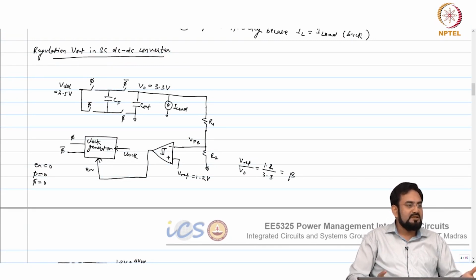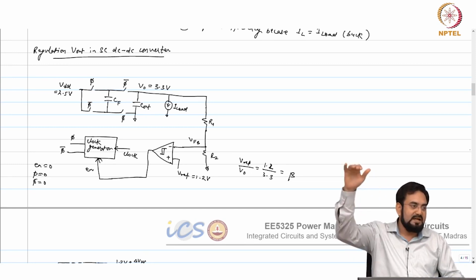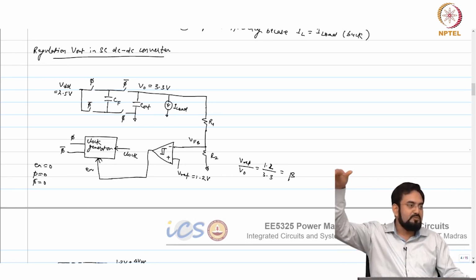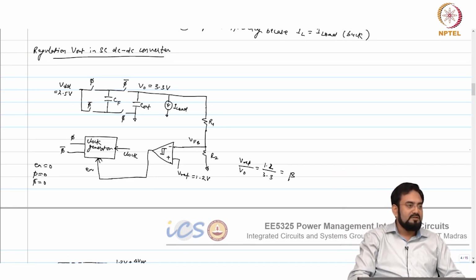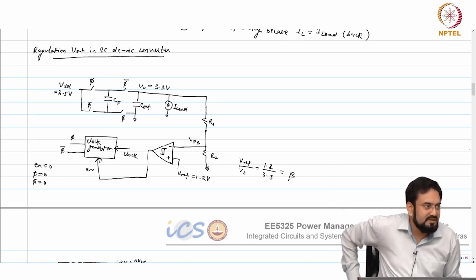So, what would happen in that case? In terms of losses, if you never allow your circuit to settle to a steady state, will losses be high or less? It will be high, because initially you are charging the capacitor. In the steady state, when the output is settled, let us say you have no load, then no charge transfer is happening.